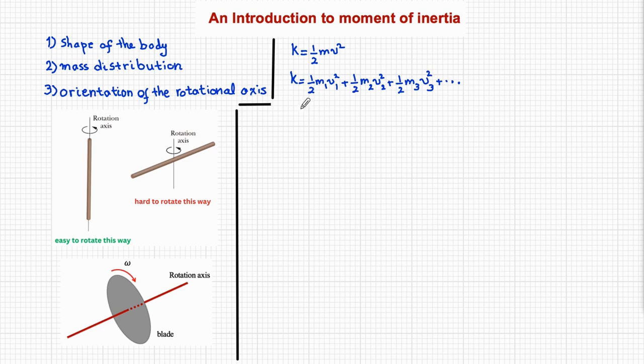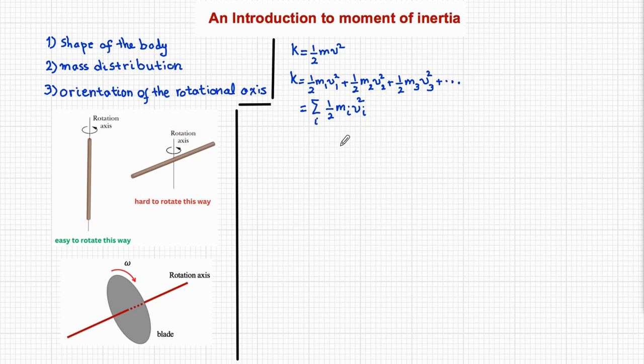For all particles it will be like this: 1 over 2 m1 v1 squared for the first particle, plus 1 over 2 m2 v2 squared for the second particle, plus 1 over 2 m3 v3 squared for the third one, and so on. We can simplify this sum of kinetic energy into this form, in which mi is the mass of the i-th particle and vi is its speed.